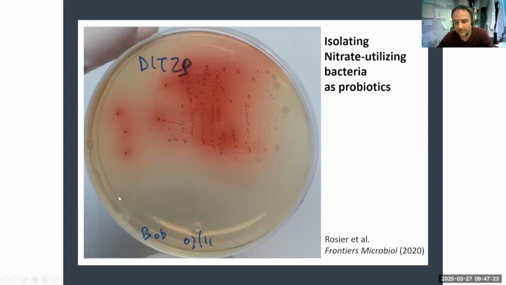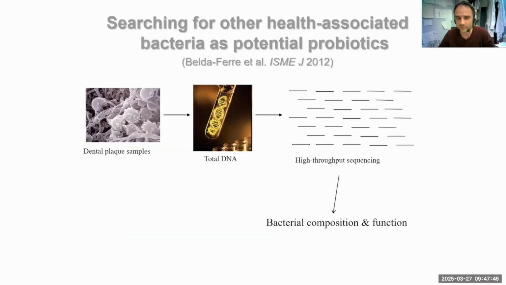So we put nitrate in the agar plates, and then we put this reagent that turns red in the presence of nitrite. So the colonies of bacteria which are able to transform the nitrate into nitrite appear red. And by doing this, we have been able to find these bacteria in oral samples, and we have selected the best bacteria that have a very efficient nitrate reducing capacity to produce nitric oxide, ammonia, and so on.